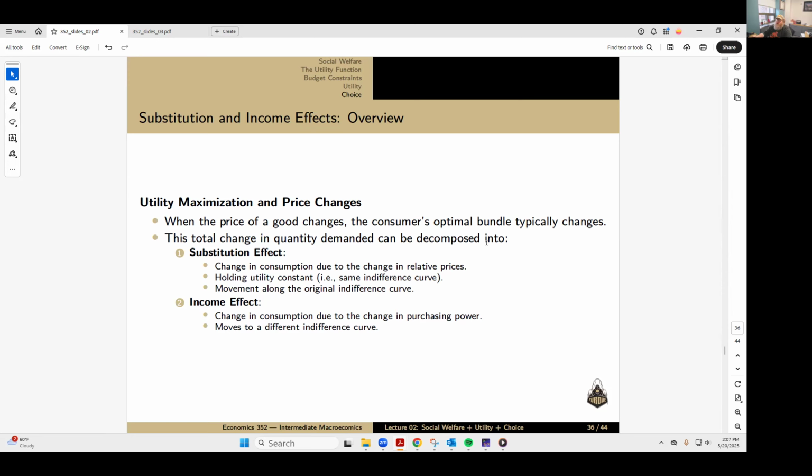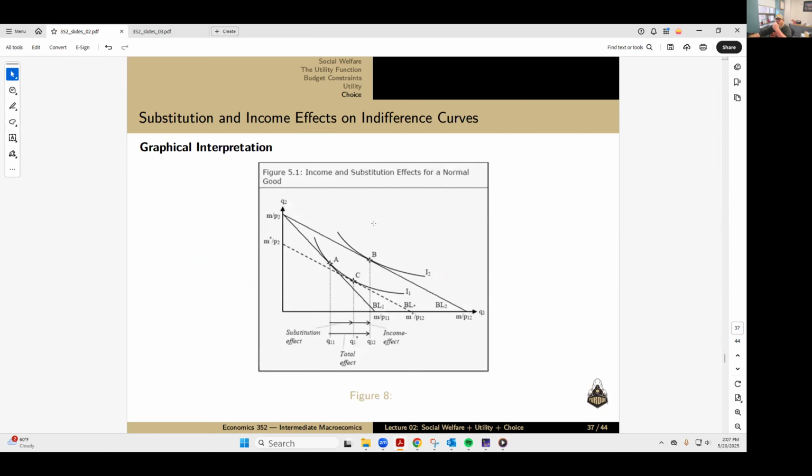And this is important because, again, when we start talking about intertemporal utility in just a moment, when things like interest rate changes occur, there are likely going to be both substitution and income effects that ultimately define how people optimally respond to those interest rate changes.